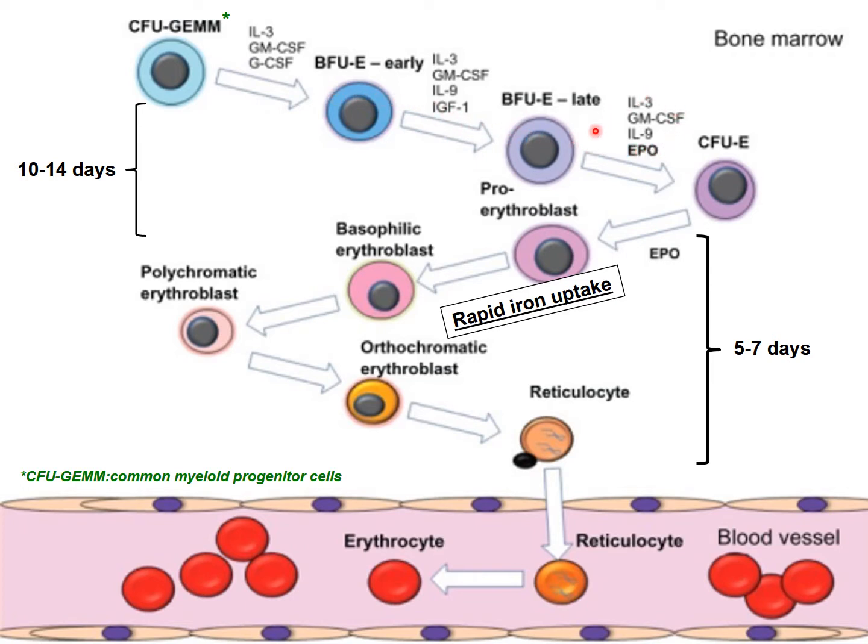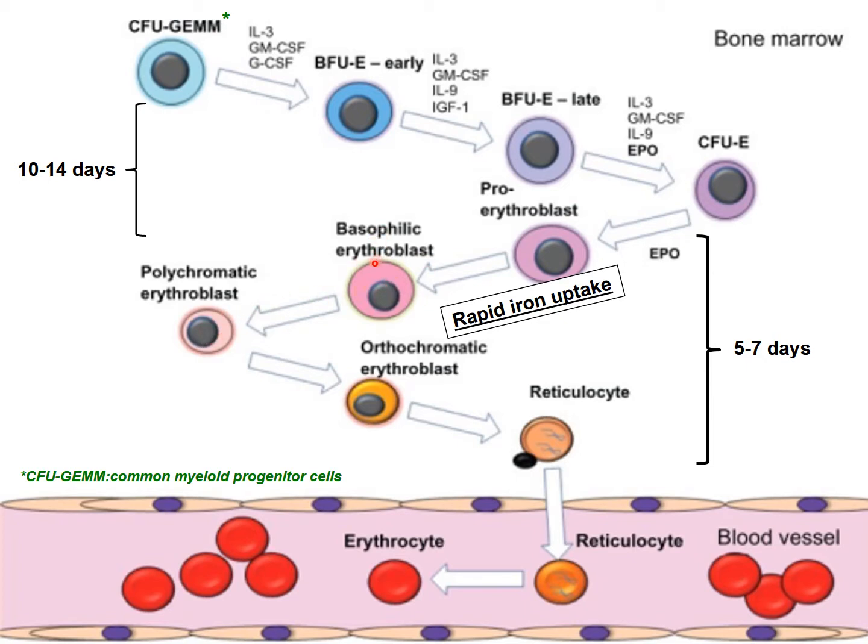And as you see here, later, before the erythroid colony-forming unit, erythropoietin comes into the picture. Later on, these early, already committed erythroid cells convert to proerythroblasts, and the proerythroblast matures to the basophilic erythroblast, and of course these divide as well, so we have more and more matured cells.